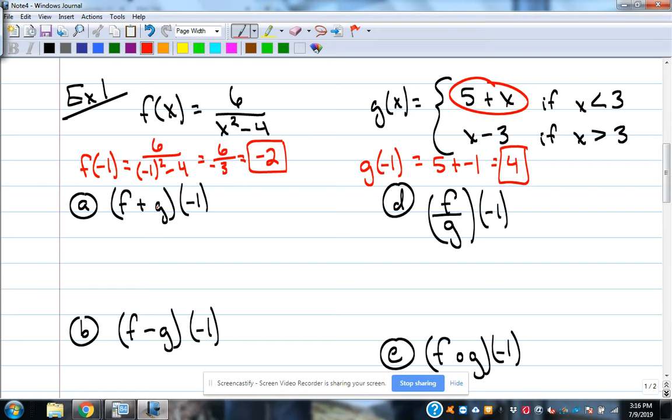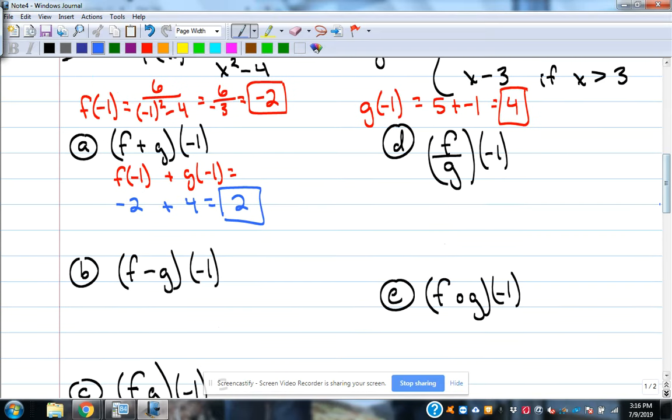So to find (f plus g) of -1, that means we're going to take f of -1 plus g of -1. Since we already know those values are -2 plus 4, we just work that out, and the final answer would be 2. All right. B part, subtraction, same idea. We're taking f of -1 minus g of -1.